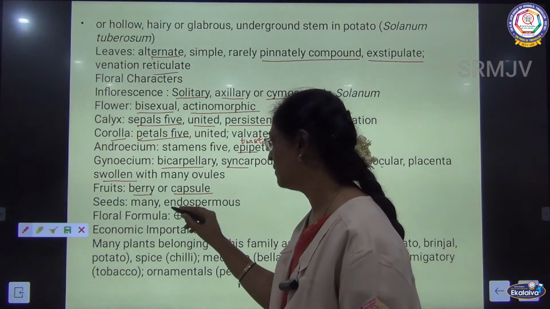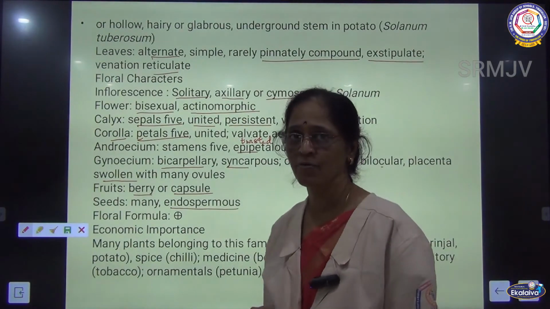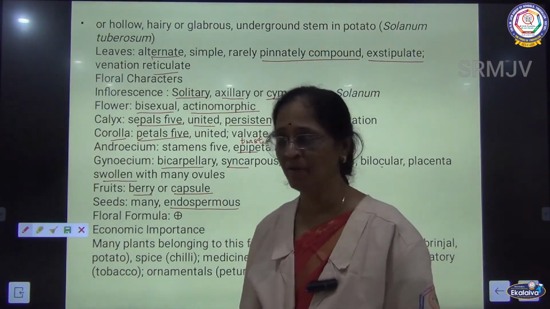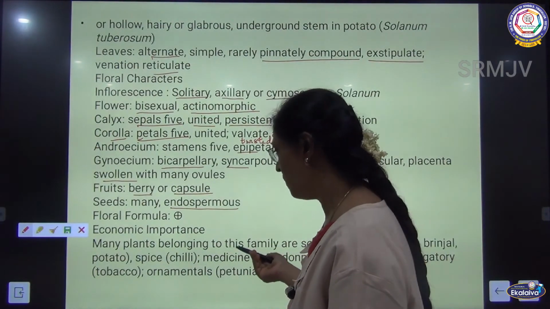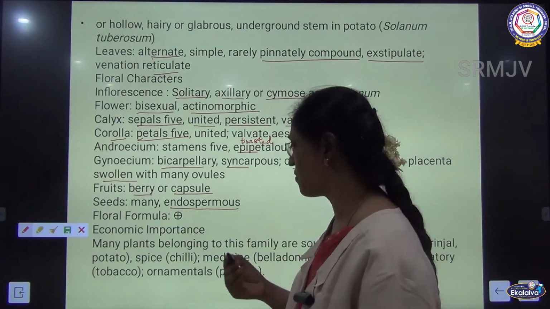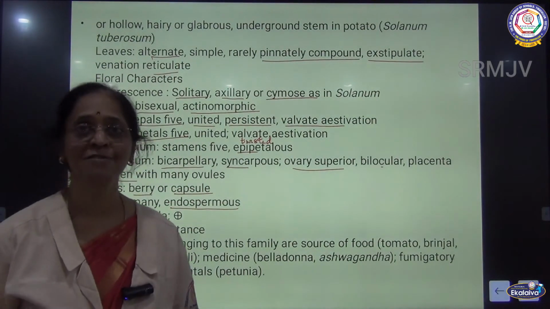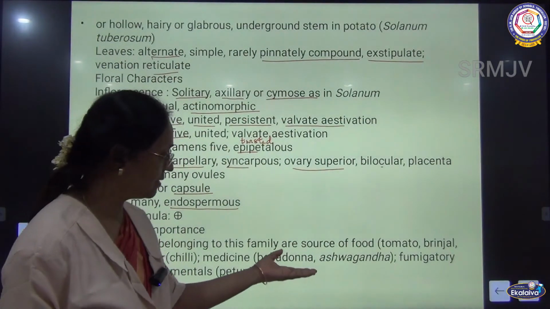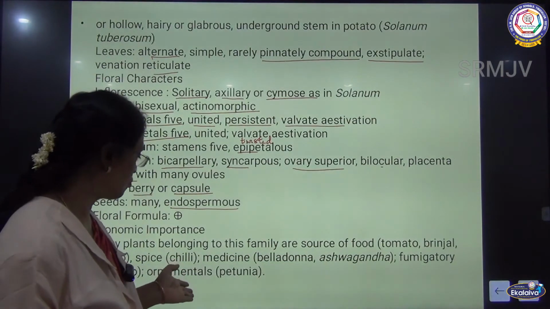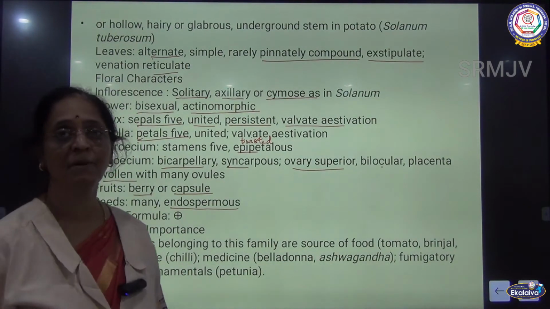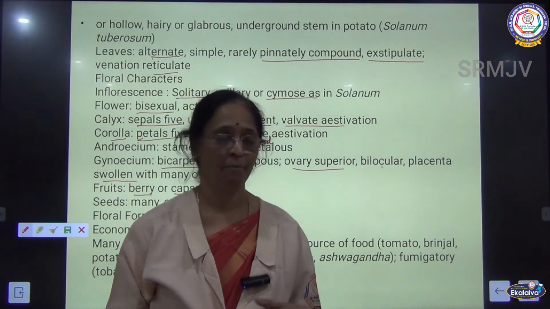Seeds are many and they are endospermous, and the floral formula and the floral diagram we have seen in the previous picture. Many plants belonging to this family are a source of tomato, brinjal, potato, chili, and medicinal plants like belladonna, ashwagandha also belong to this, and tobacco, and petunia, the pink flowers, are ornamental plants which belong to this family.